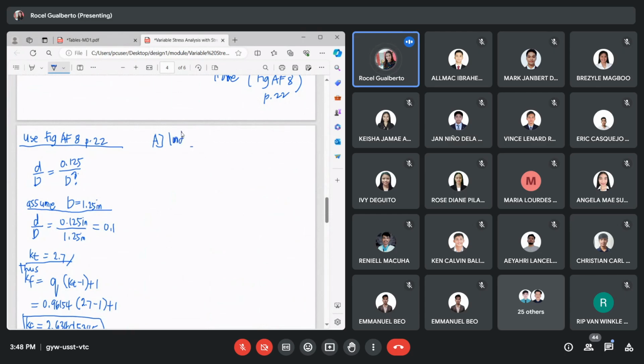For indefinite life, kunin mo po doon yung equation ng sigma n. Yun po ay doon sa axial or tension. Ano po ang equation natin ng sigma n doon sa indefinite life? Pakitingnan ninyo po sa manual natin anong equation ang gagamitin.